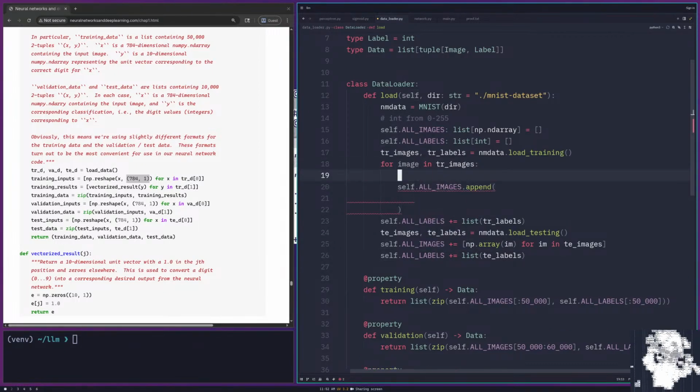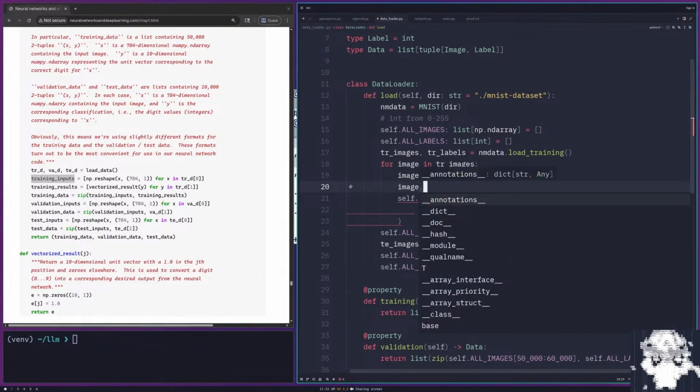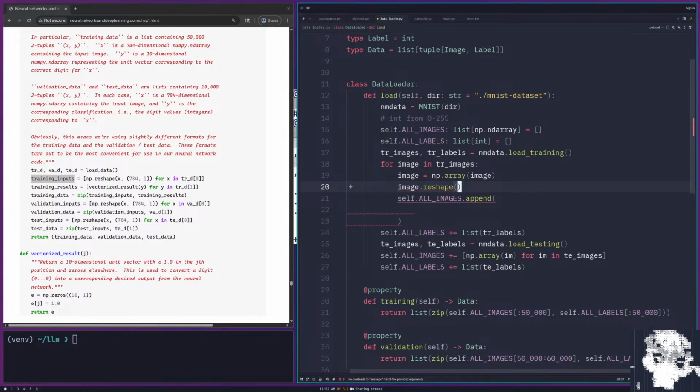I also want to reshape it. The way they're doing it here uses np.reshape, I was doing .reshape on the image, so image equals this, image.reshape to be image.shape of 0 and 1, and then append image.